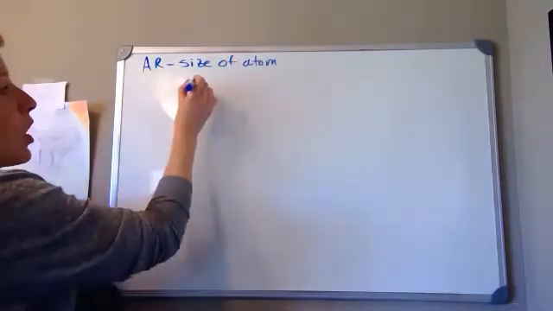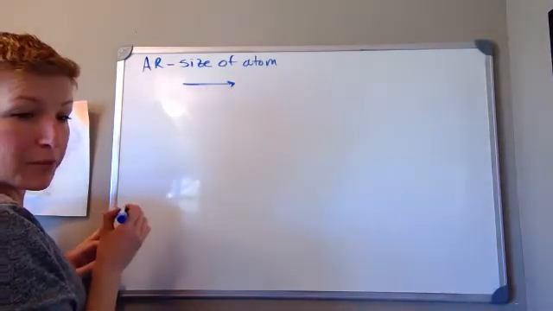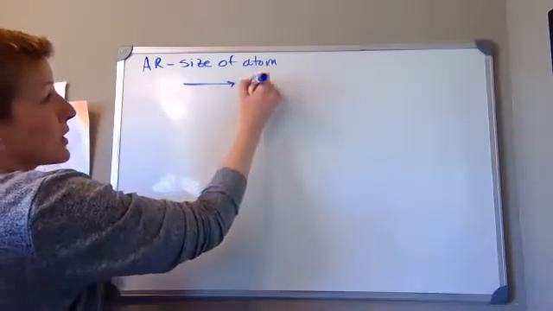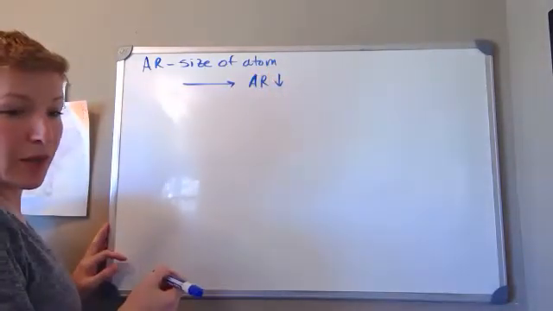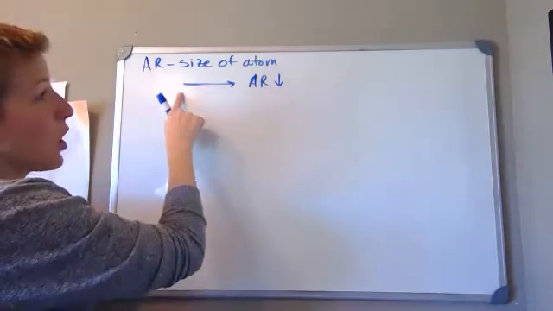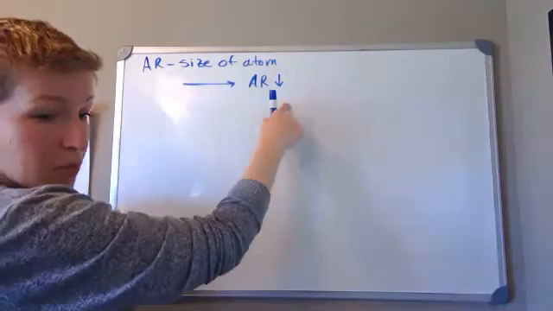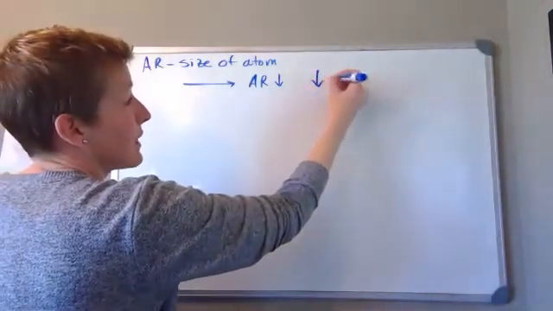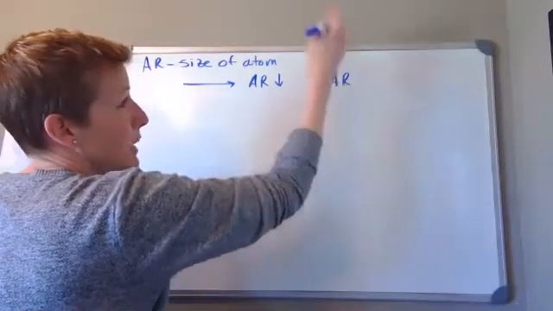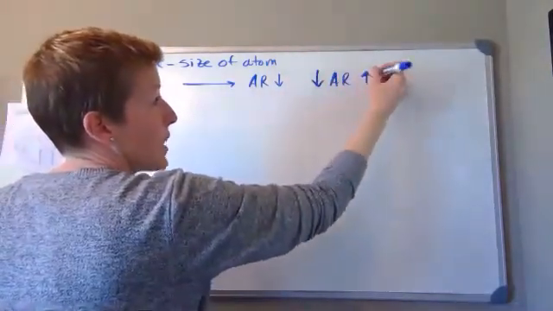So as we go across the periodic table, and this is what all my crazy arrows mean, atomic radius decreases. So as we go from left to right, our atomic radius goes down. I'm just trying to write this exactly like I have it listed. And then I write an arrow down that says AR. So I mean that as we go from top to bottom, our atomic radius goes up.